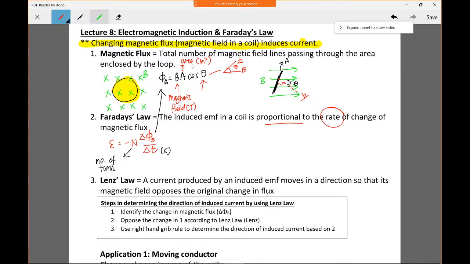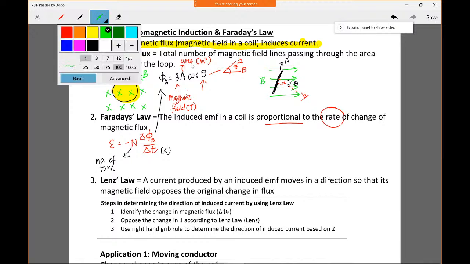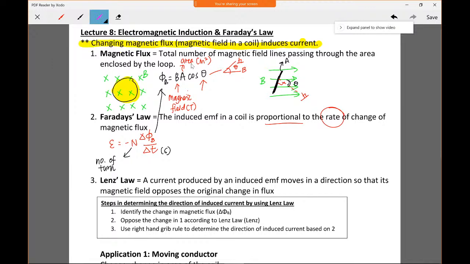Okay, if you look here, the negative in the equation relates to direction, which is further explained by Lenz's law. So it does not reflect the magnitude. It tells you about the direction of your induced EMF.